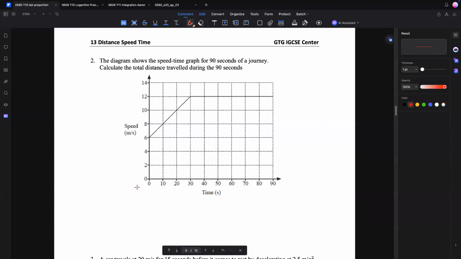Okay, so your speed here is 20, right? It's decelerating at 2.5. So you're going to find your time. It's going to be 20, which is your speed, divided by your acceleration, and you get your time.